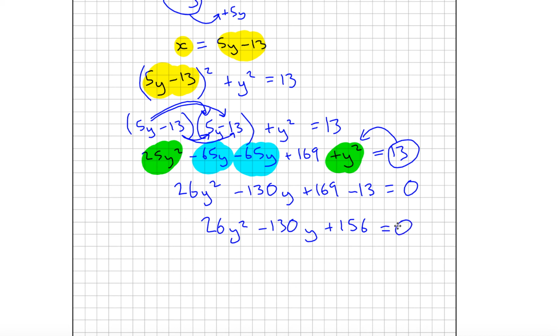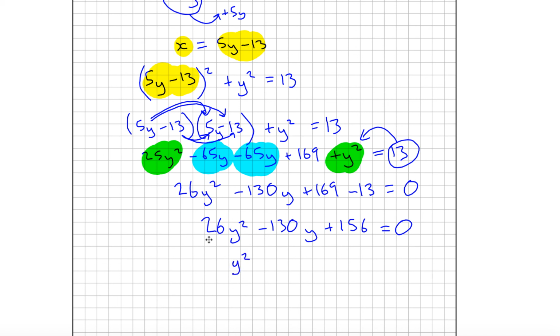Now, the question is, what can I divide everything by here? Well, the highest common factor of 26, 130, and 156, you can keep halving these and see where that gets you. But actually 26 divides into all of these. So you can divide across by 26. So 26y squared divided by 26 is just y squared.